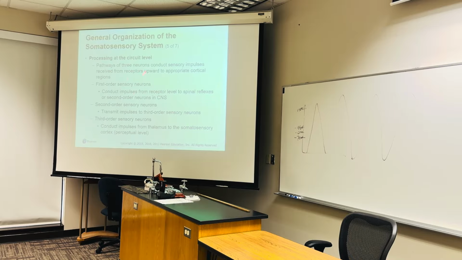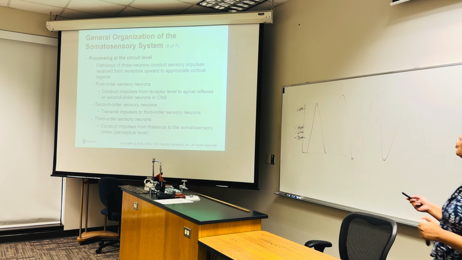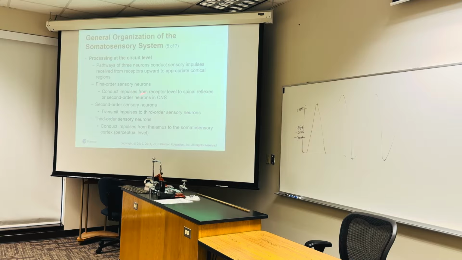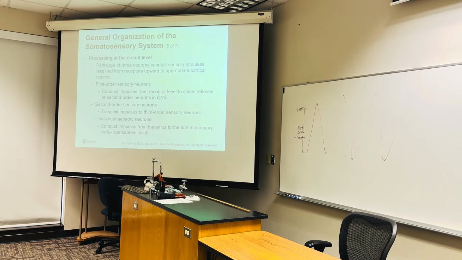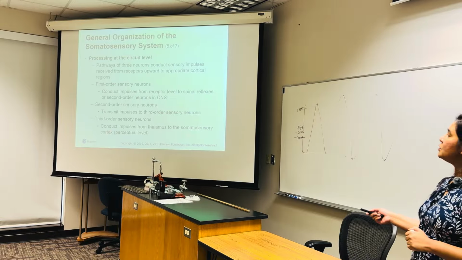So pathways of three neurons conduct sensory impulses received from receptors upward to the appropriate cortical region. First order sensory neurons conduct impulses from the receptor level to spinal reflexes or second order neurons in the central nervous system. Second order sensory neurons transmit impulses to third order sensory neurons, and third order sensory neurons conduct the impulses from the thalamus to the somatosensory cortex.